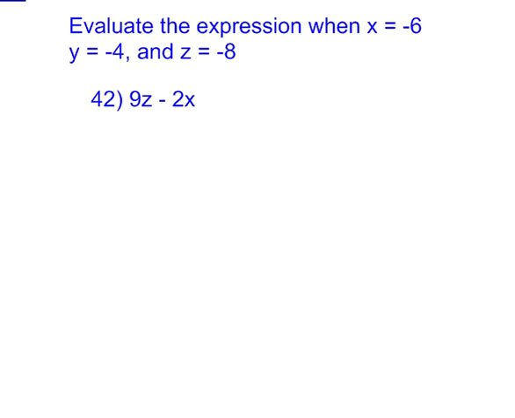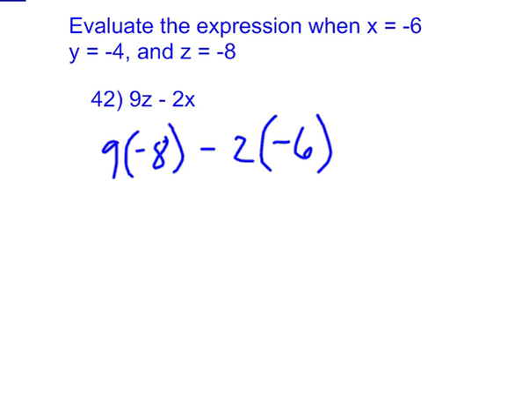All right, here is 42. It says 9 times z minus 2 times x. So we're going to plug in what we know, and that's 9 times a negative 8, because z is equal to negative 8, minus 2 times x, which is negative 6.